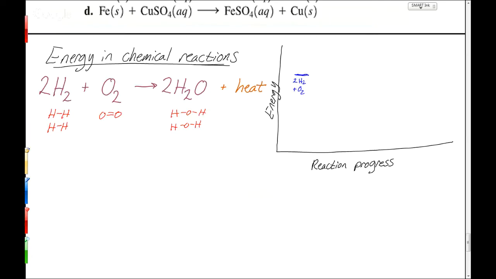So are the products going to be at a lower energy or a higher energy than the reactants? Do we draw the products as being lower energy, below that line, or higher energy above that line? And how do you know?